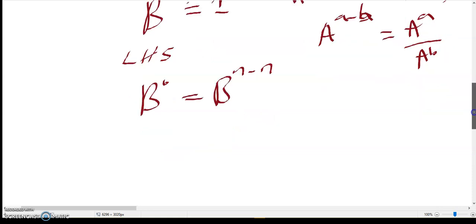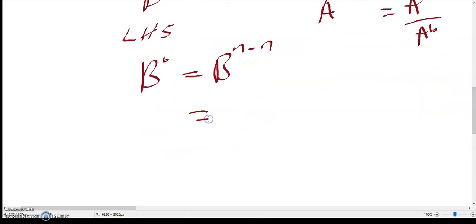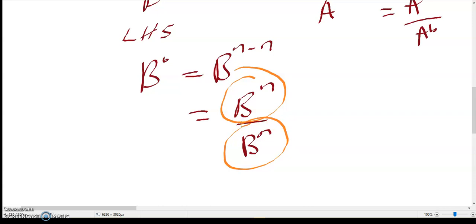So now we can apply the same principle here. This is the same thing as b to the power n over b to the power n. That is to say, the numerator and the denominator will always have the same values, hence this will always be equal to 1.